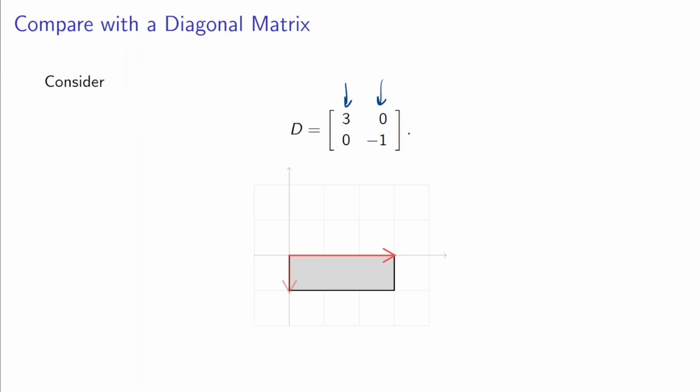So 0, negative 1, much easier to see exactly what's going on here. This is taking that unit square, stretching it horizontally by 3 and reflecting it over the E1 axis, reflecting it vertically. Not as much mystery as our original matrix, but in a way doing the same thing as our original matrix.